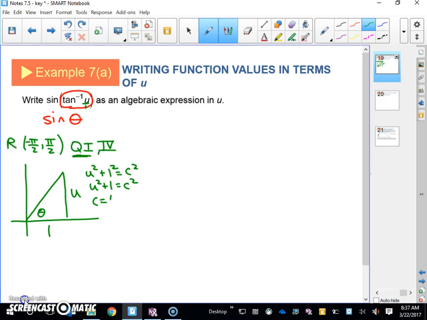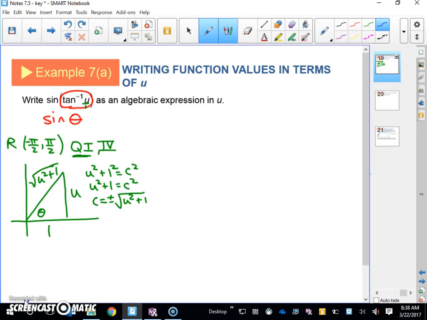C is going to equal plus or minus the square root of u squared plus 1. I know that's an ugly looking expression, but that's what we've got. And since the radius, or the hypotenuse, will never be a negative number, we just know that's going to be the regular square root of u squared plus 1. That's your hypotenuse.